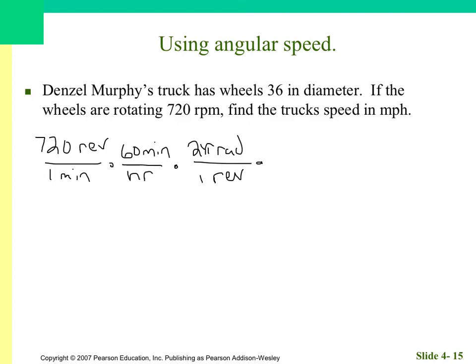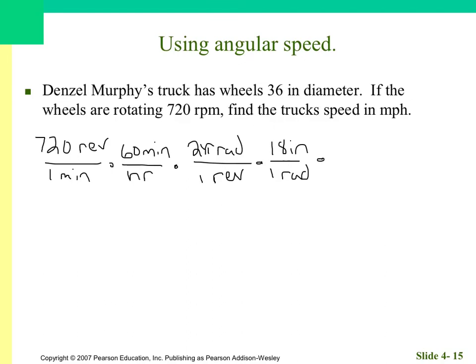Times. Now, how much is 1 radian? Because we got to get rid of that radian there. Well, 1 radian is the radius. So what's the radius of a 36-inch diameter? 18 inches.